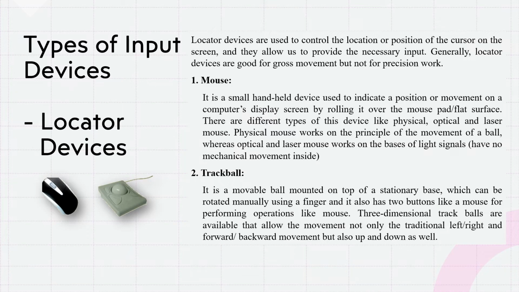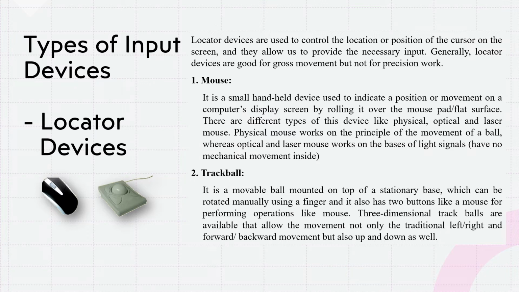Locator devices. Locator devices are used to control the location or position of the cursor on the screen, and they allow us to provide the necessary input. Generally, locator devices are good for gross movement, but not for precision work. Mouse. It is a small handheld device used to indicate a position or movement on a computer's display screen by rolling it over the mouse pad or flat surface.